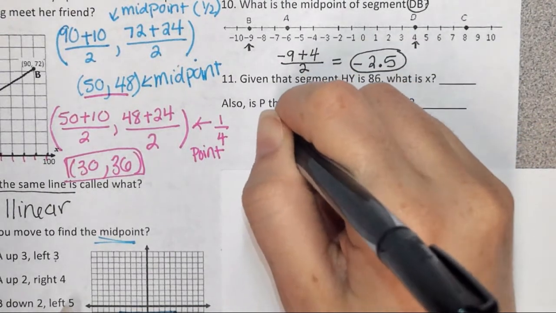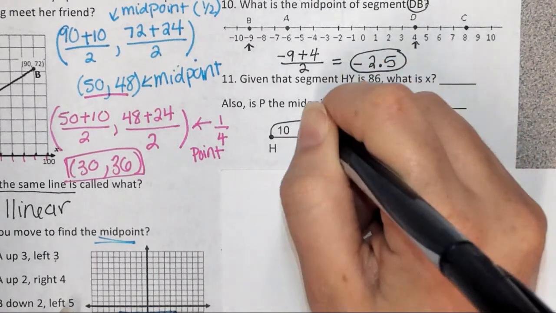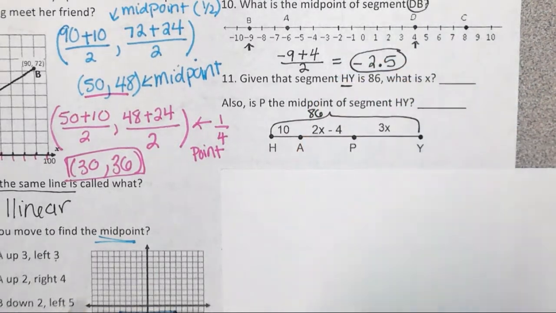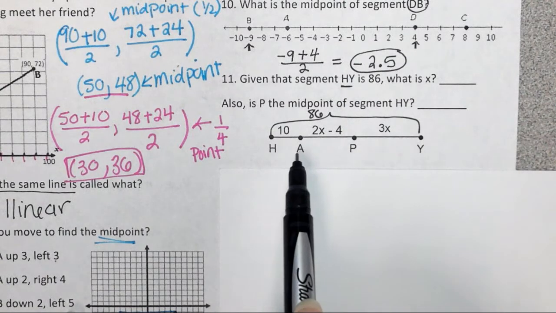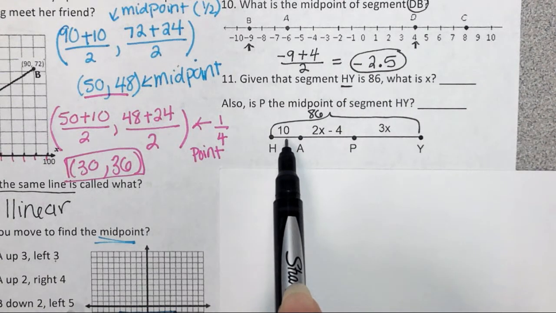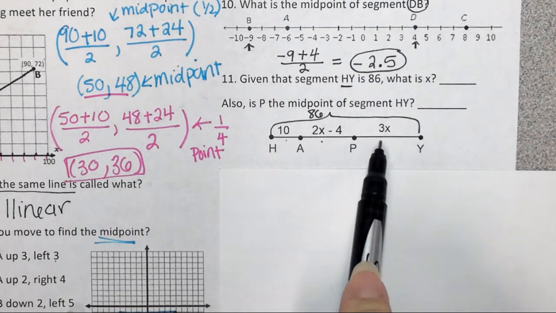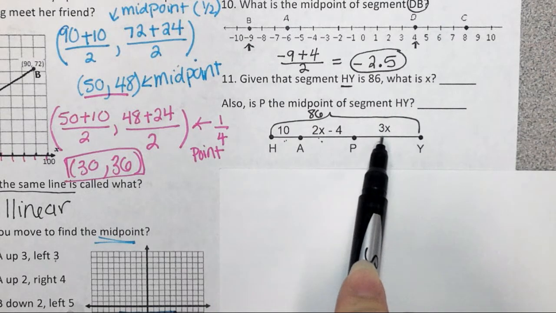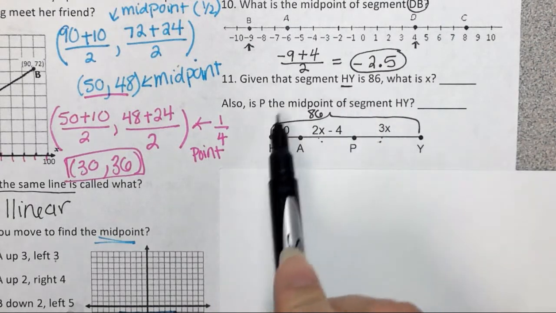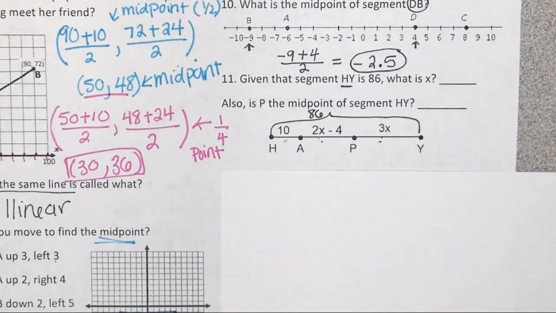All right, what we know about this is that this entire thing, HY, has a length of 86. Now, H to Y is made up of 3 segments. One has a length of 10, the other 2x minus 4, and the other 3x. I know that if I add these 3 things up, it's going to be equal to the length of 86.